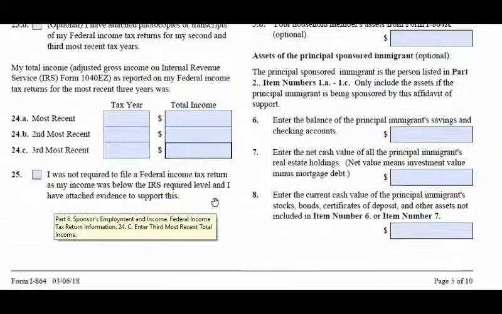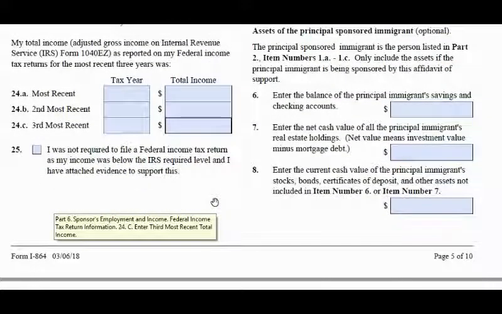Then from there, we're gonna jump to 25. So 25, I was not required to file a federal income tax return as my income was below the IRS required level, and I've attached evidence to support it. So if you didn't file your federal income tax return because you didn't make enough money to file taxes, then you can check 25.